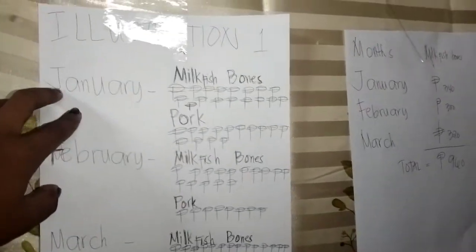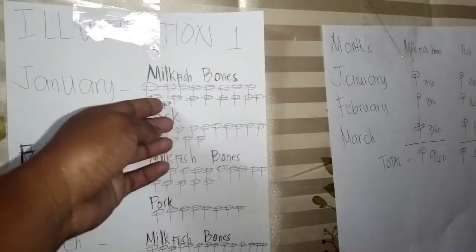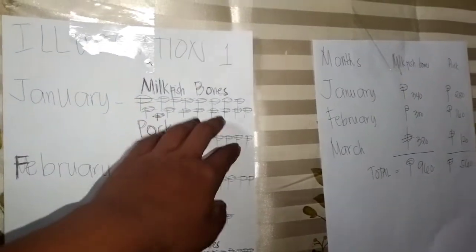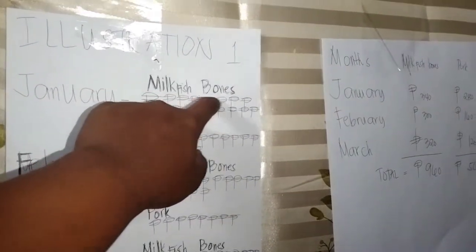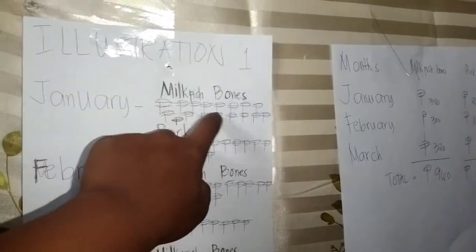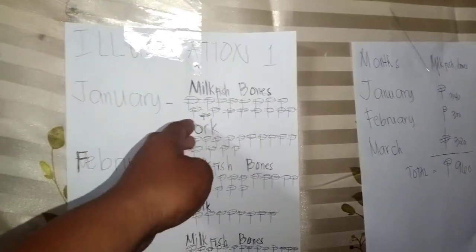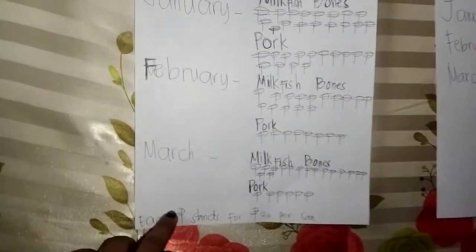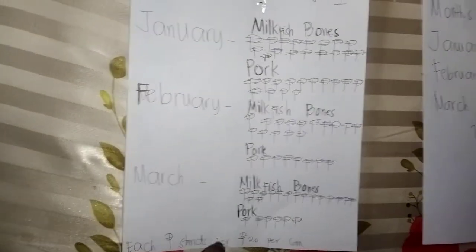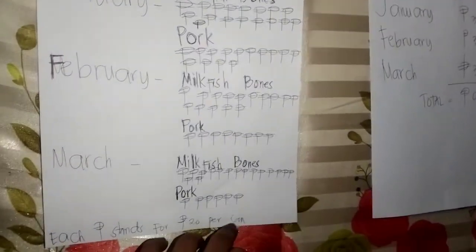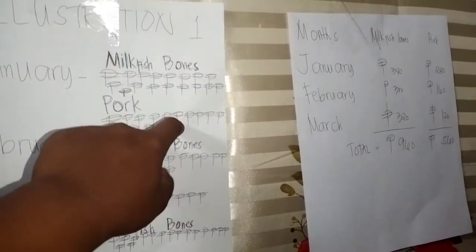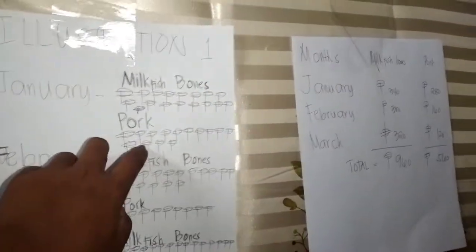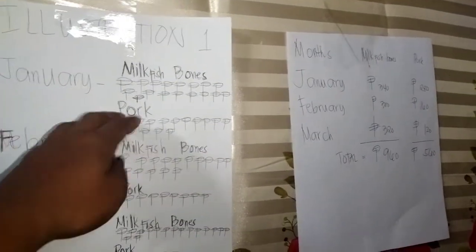Okay, for the month of January, we have milkfish bones of 17 peso signs. So let us count 1, 2, 3, up to 17. We have here 17 peso signs. Each peso sign stands for 20 pesos per can. So we have 17. The pork is 14 peso signs.